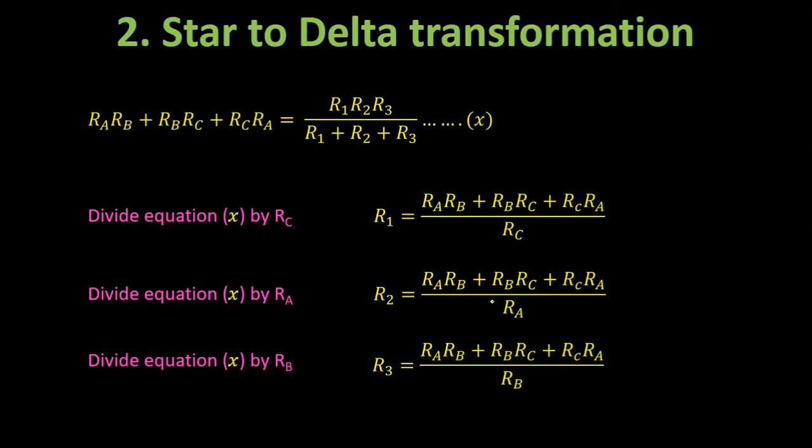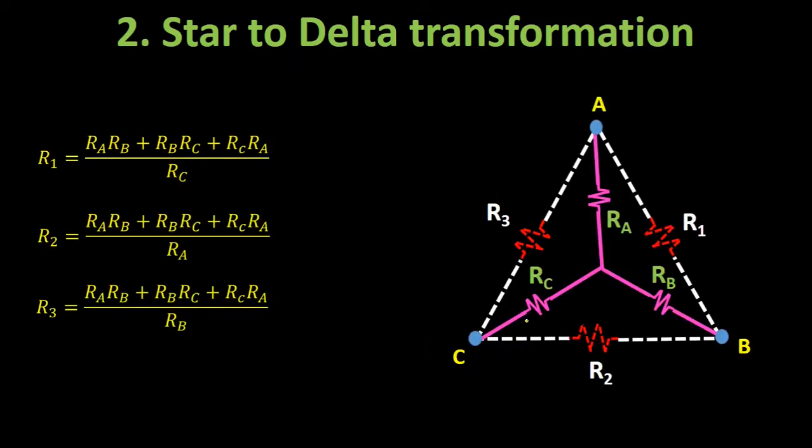So we are getting all the resistances values of R1, R2, R3 for delta connected network from star connected network. Here we can see that for R1, R2, R3 all the numerators are same, but only denominator is changing. So we can find the values directly from the circuit also.